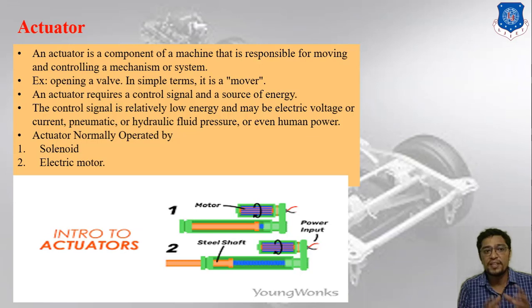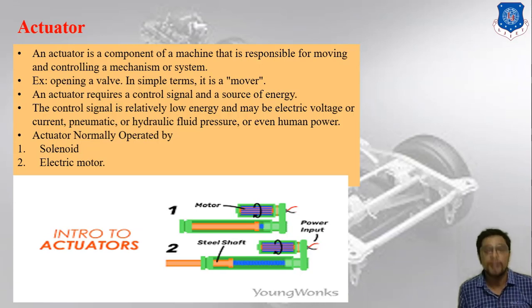Normally an actuator may be operated by two means: first one is a solenoid, and second one is an electrical motor. So actuator is nothing but one part in that particular machinery or mechanical working that converts the signal. This is the concept of an actuator.